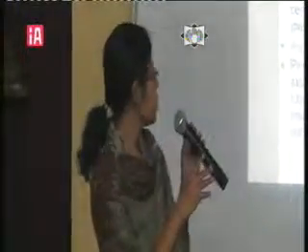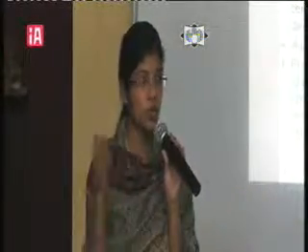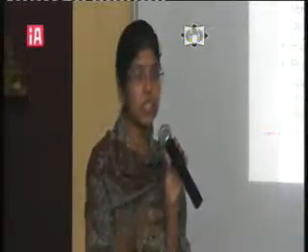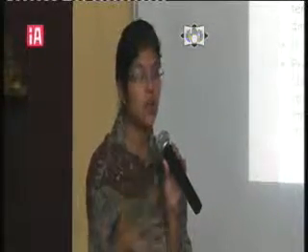From 2 till about 7 years of age, he says it's the pre-operational stage. After that, they go on to the concrete operational and formal operational stages till about adolescence. But what we are more concerned about here is the pre-operational stage, because that's where you are going to see children as they come into preschool around 2 years of age.